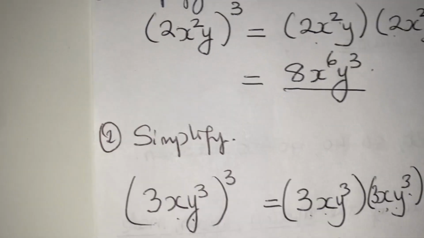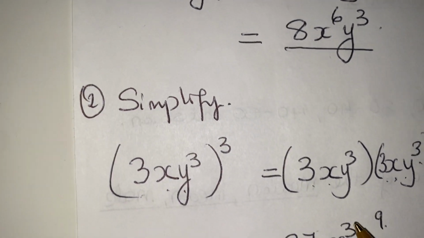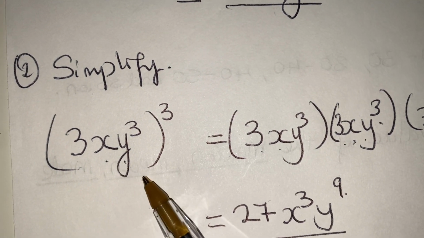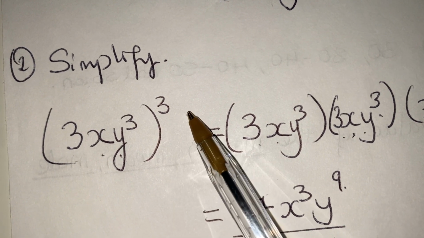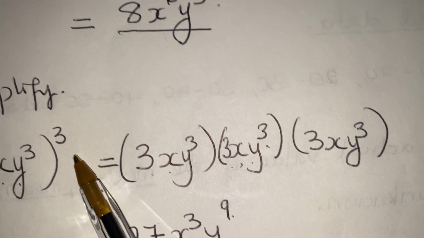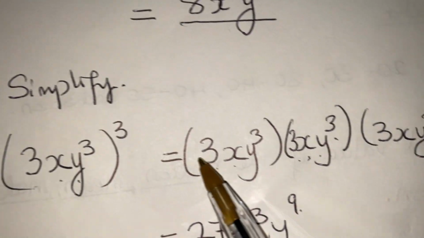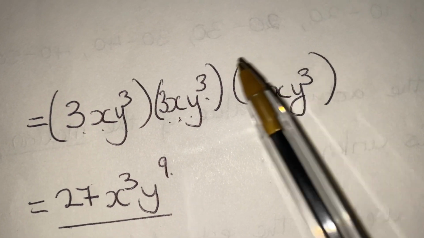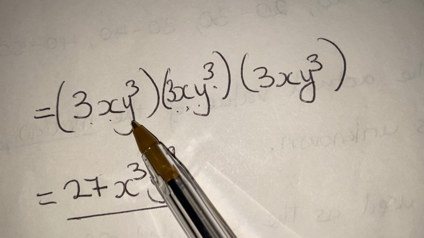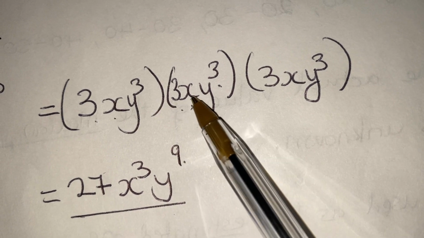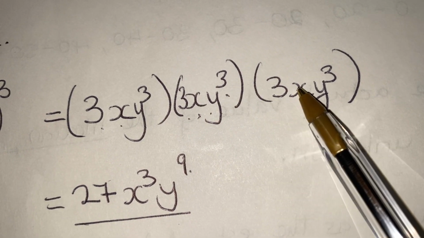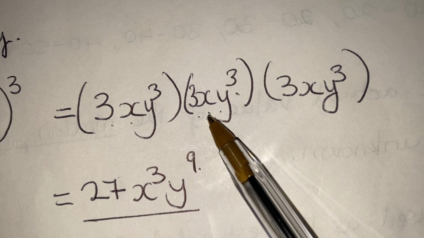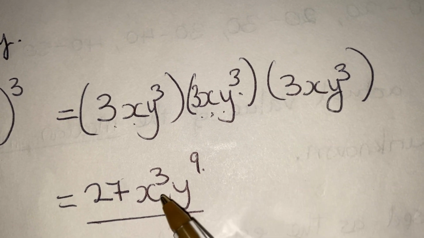Now starter 2, an example of higher non-calculator paper: (3xy cubed) all cubed. Simplify the same thing. So it means multiply through 3 times: 3xy cubed, 3xy cubed, 3xy cubed. 3 times 3 is 9, times 3 is 27.